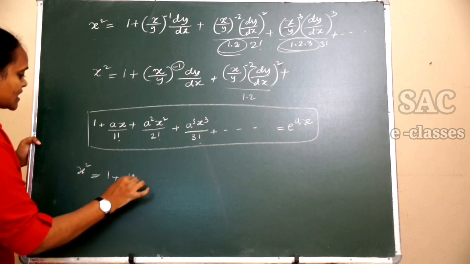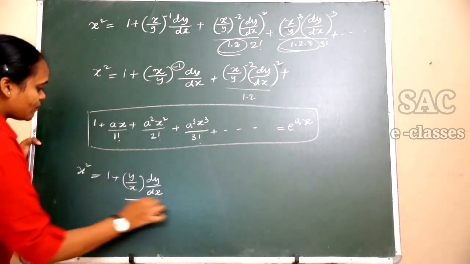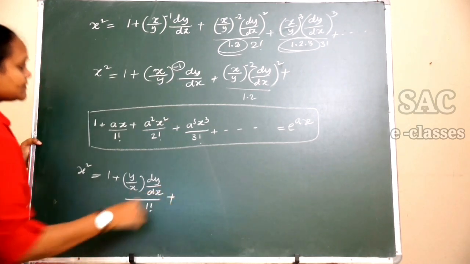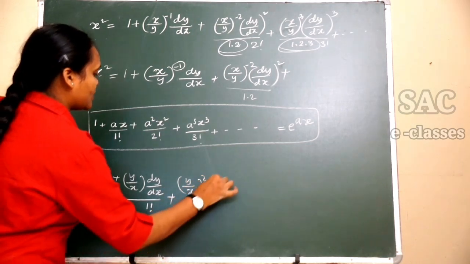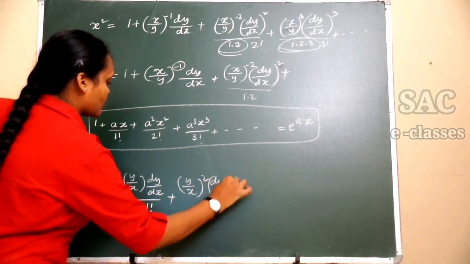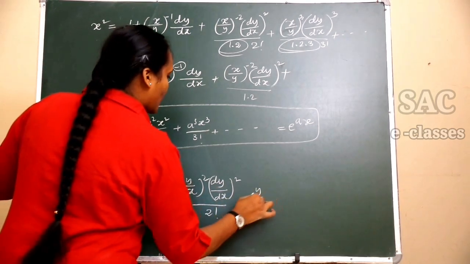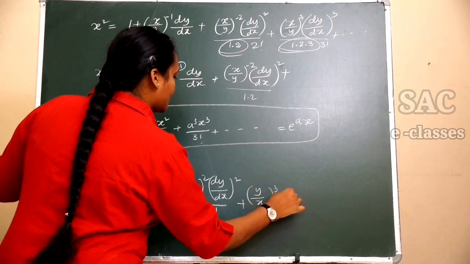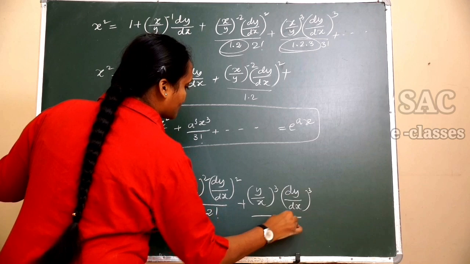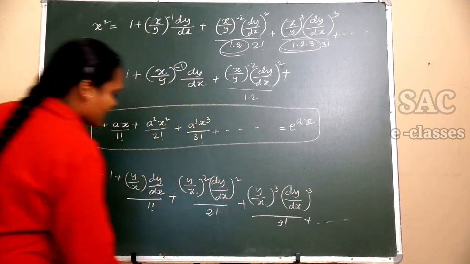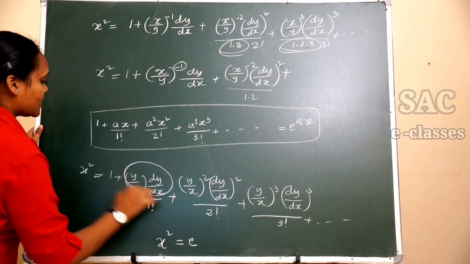So why can't we write this as y by x into dy by dx by 1 factorial plus y by x whole square into dy by dx whole square by 2 factorial plus y by x whole cube into dy by dx whole cube by 3 factorial and so on, can be written as x square into e power ax.